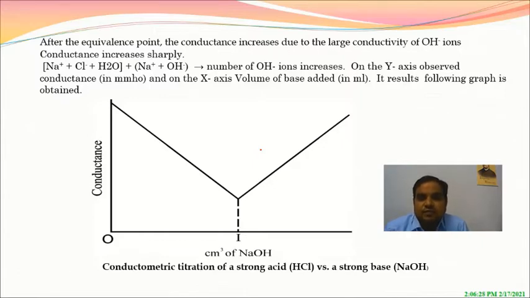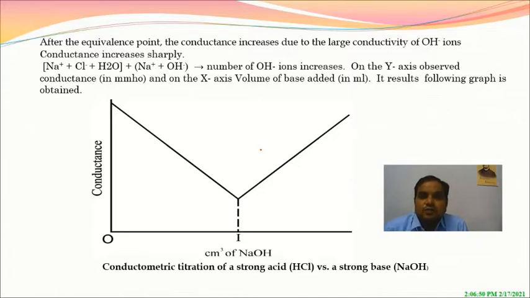Initially, before addition of sodium hydroxide, the conductance of HCl is very high. When we start adding the sodium hydroxide, Na plus ions replace the H plus ions, thereby the conductance decreases, until all the H plus ions of the HCl have been replaced by the Na plus ions.